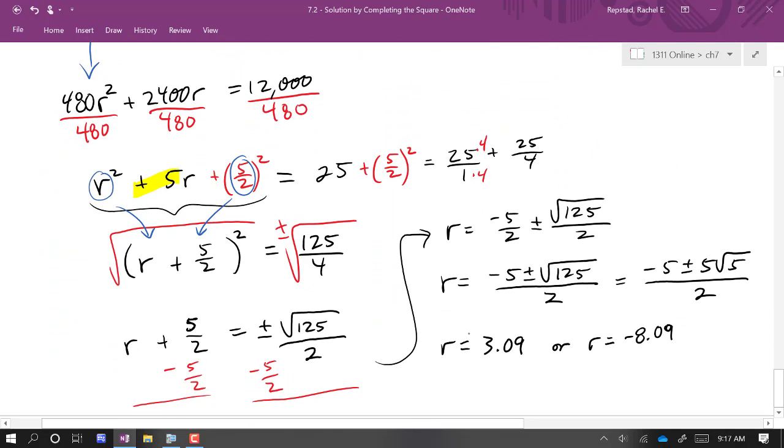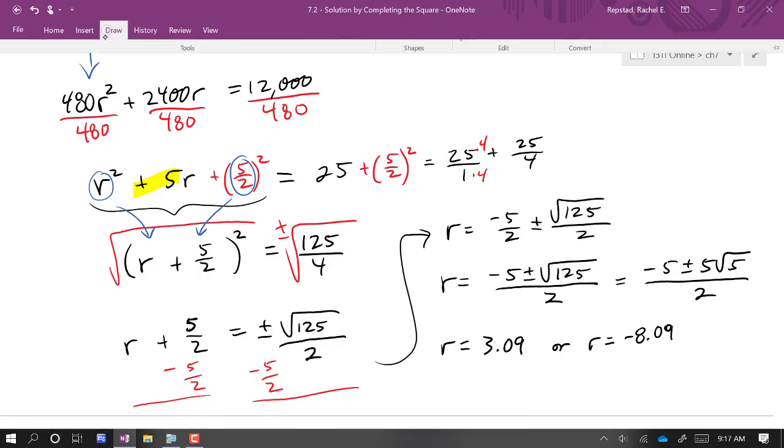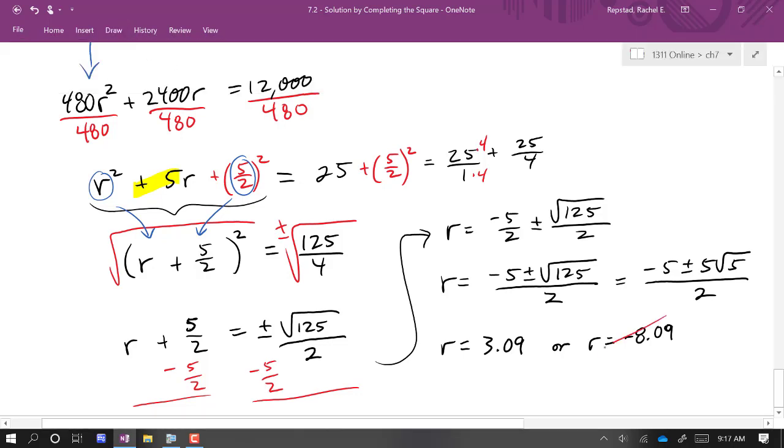These are positive rates that the skier is traveling at. So we can eliminate this one, and that's often the case with applied problems that you might solve by modeling them with a quadratic equation. You get two solutions, and usually one of them we can throw out because it's just not feasible.